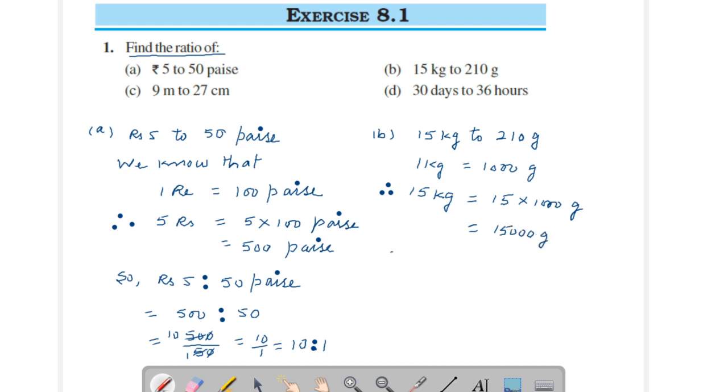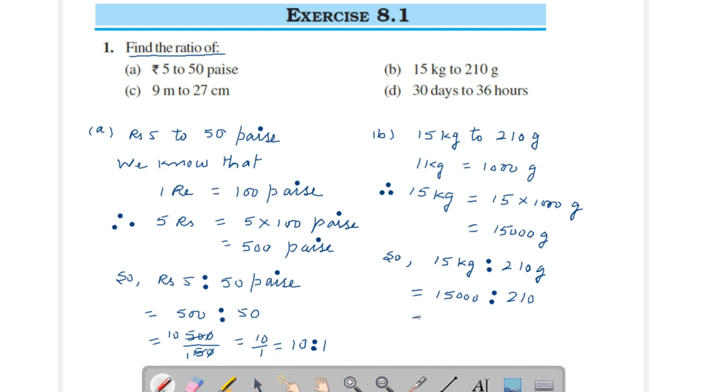So 15 kg ratio 210 gram can be written as 15,000 ratio 210.